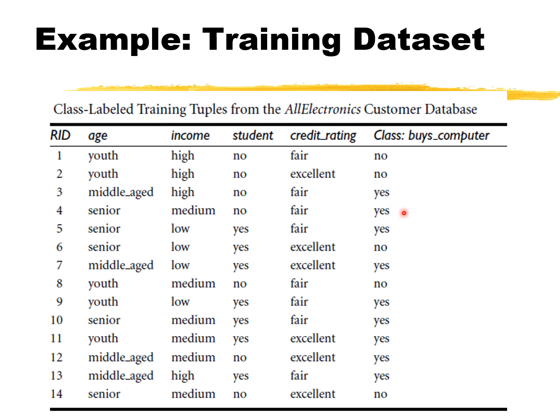And then the class says yes, they will buy a computer, or no, they will not buy a computer. Now we want to construct a decision tree based on this training data set in order to predict new customers that do not exist in this data set, and we want to use the classifier to say if a new customer is going to buy a computer or not.